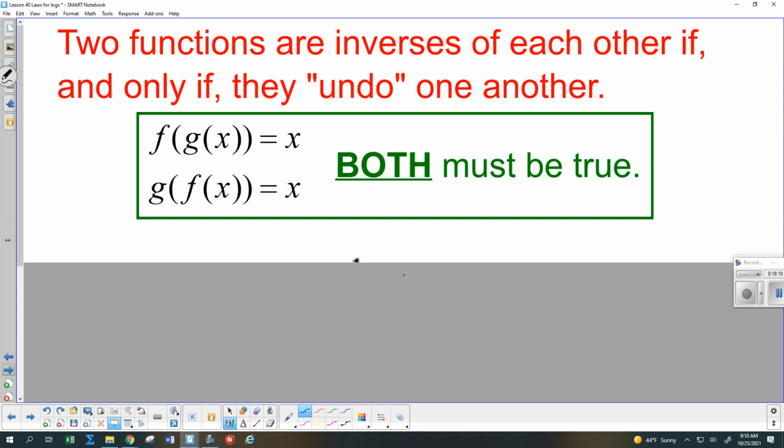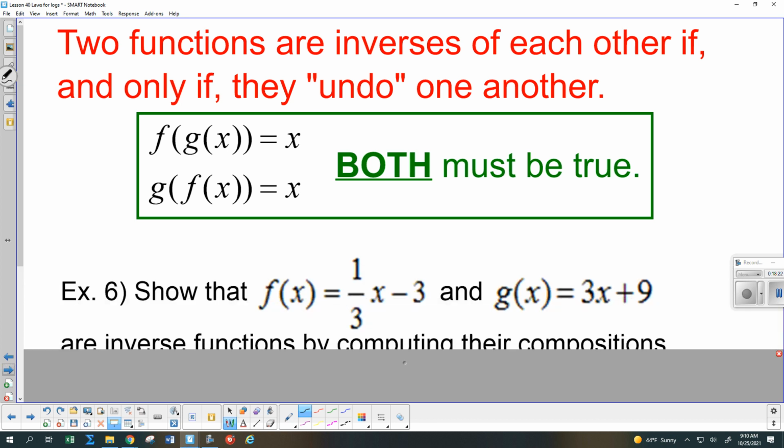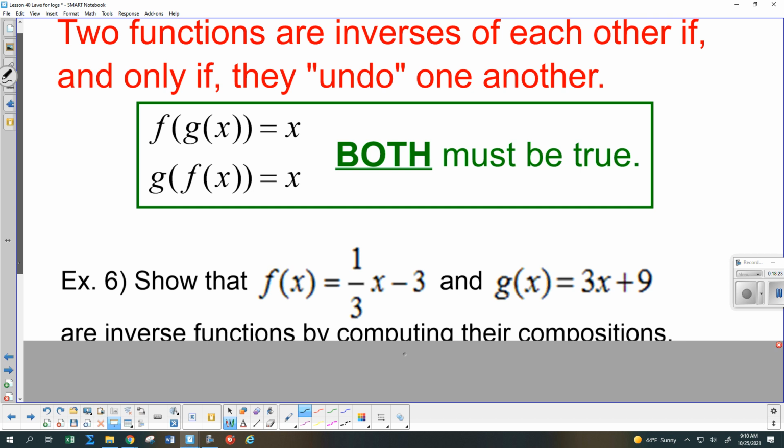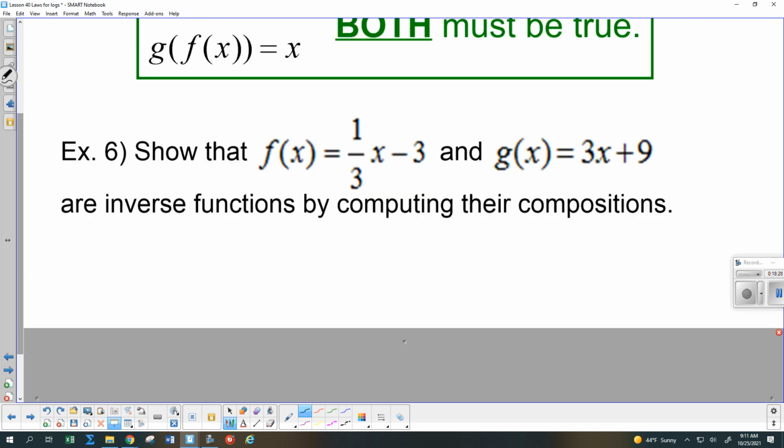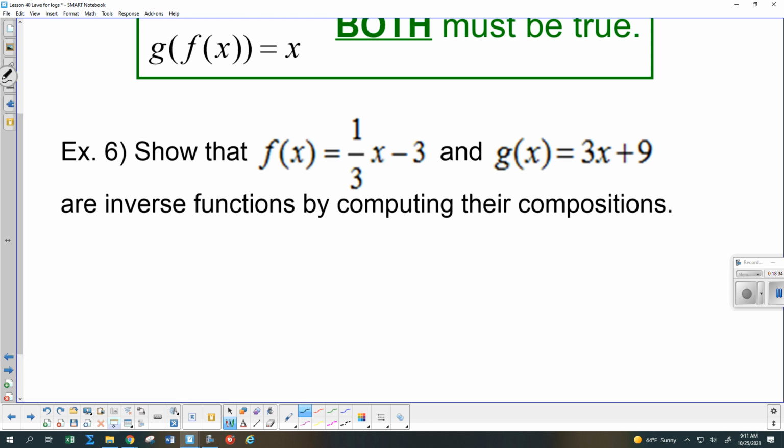The composition has to work both ways, and I need you to label which is which so that I know what we're doing. Show whether they are inverse functions by computing their compositions, not by switching y and x and solving for y. So we are going to label. So I need to do f of g of x.